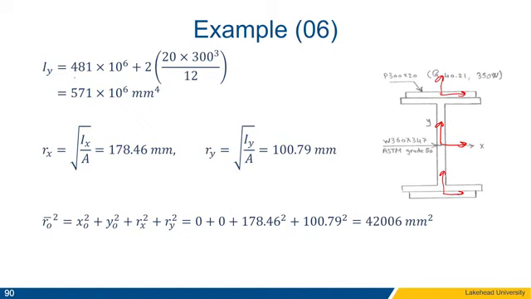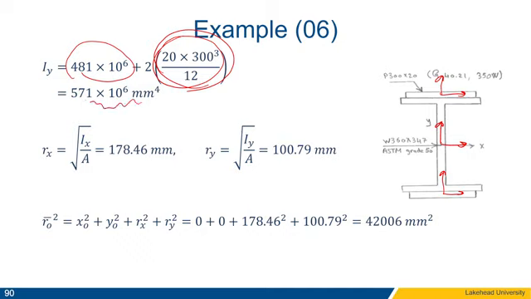So we will just add the inertia of the I-beam plus 2 multiplied by the inertia of the plate. And keep in mind that BH cubed divided by 12 will be reversed in that case, because we usually multiply the dimension that is parallel to the axes by the cube of the dimension that is perpendicular to the axes.